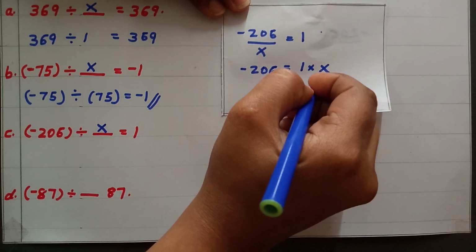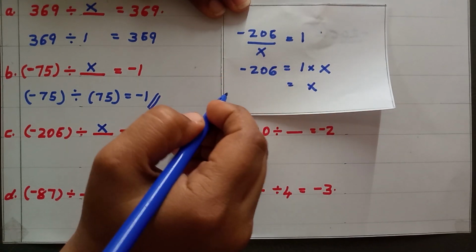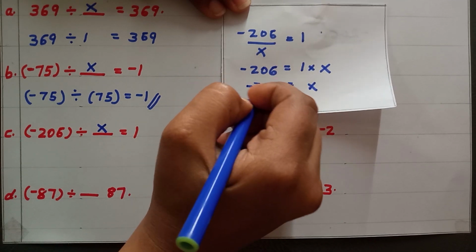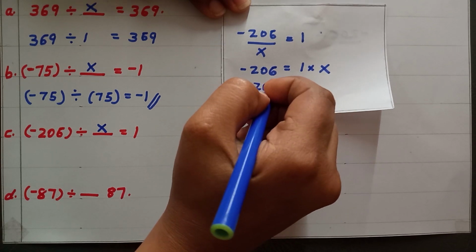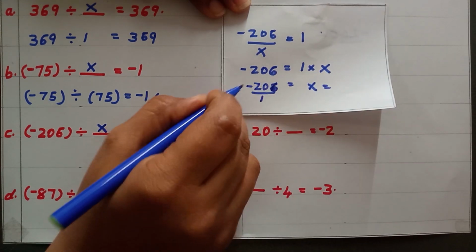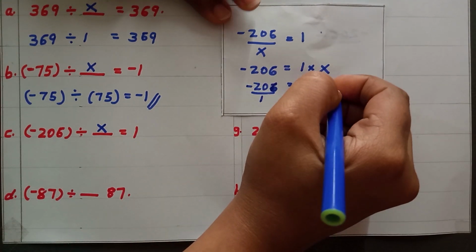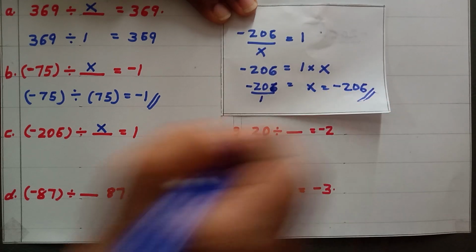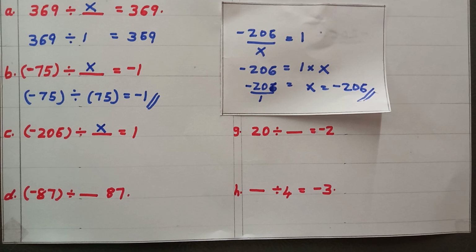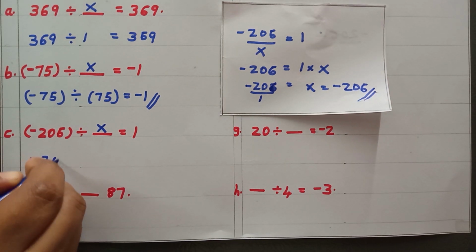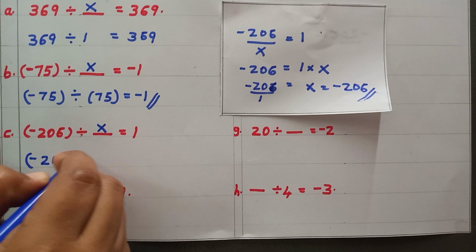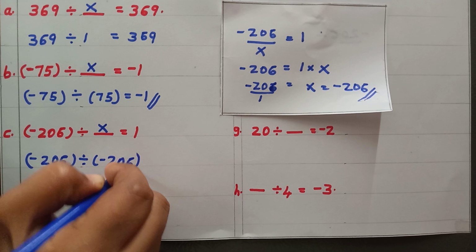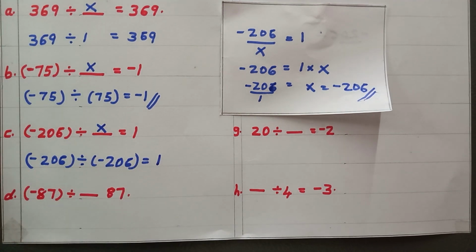Let this x be there itself and take this 1 to the other side. Minus 206 divided by 1. Minus 206 divided by 1 is minus 206. So value of x is minus 206. Minus 206 divided by minus 206 equal to 1.